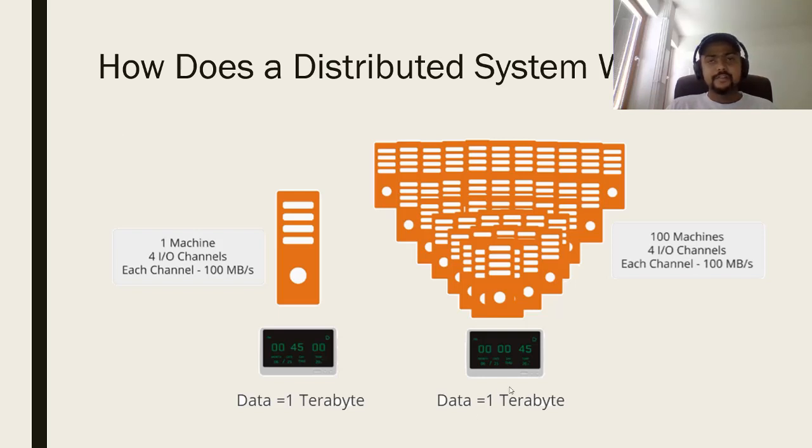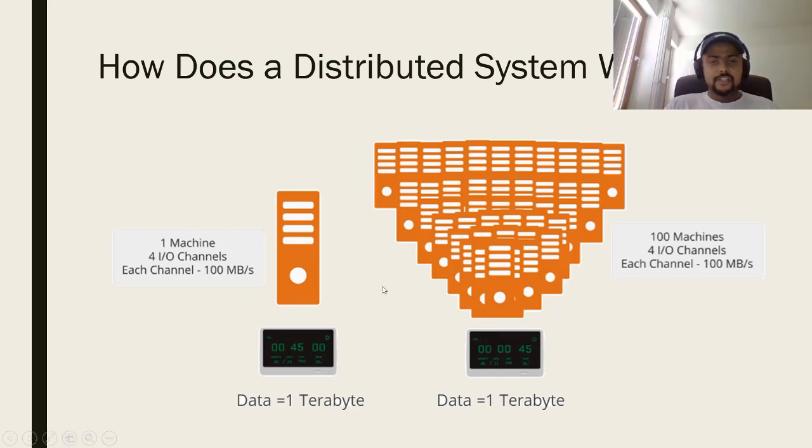So from 45 hours, you just go to 45 minutes, because you can assign a certain responsibility to each of these 100 machines, and they will execute the task in parallel. So the same task which was done in a sequence of inputs and outputs on a single machine can be done by spreading this whole request to hundreds of machines, where each machine does its part and sends back the response, and then we compile the response and send it back.